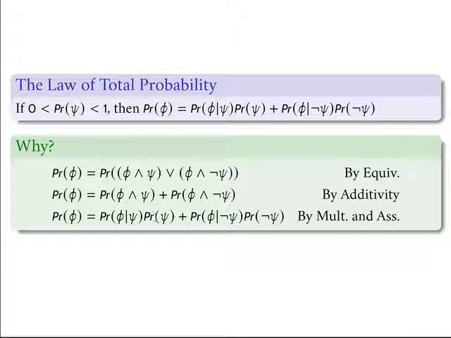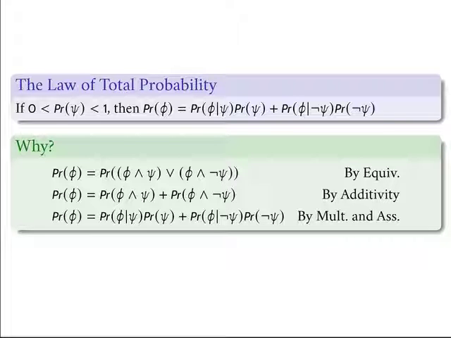We simply apply the generalized multiplication rule to both of these probabilities of conjunctions. And that's how we derive the result that the probability of phi equals the probability of phi given psi times the probability of psi, plus the probability of phi given not psi times the probability of not psi. And this can be applied, as you'll see, when you start working through some of the examples. In many cases, we'll know all of these probabilities from the example, and we'll be able to put them together to calculate the probability of phi.